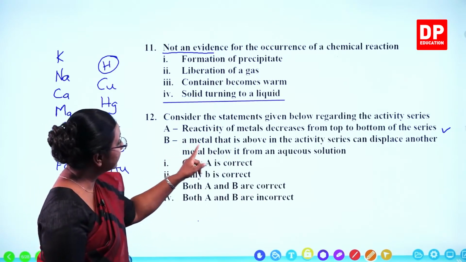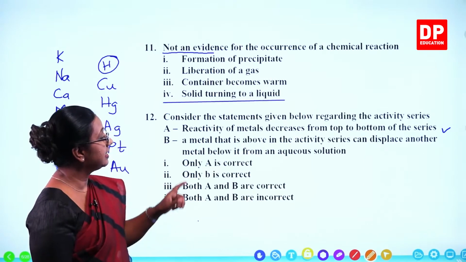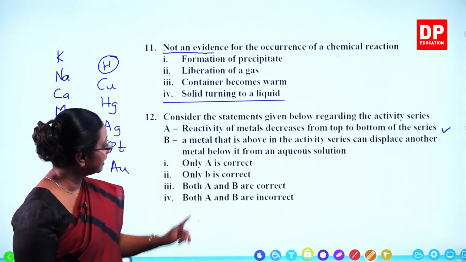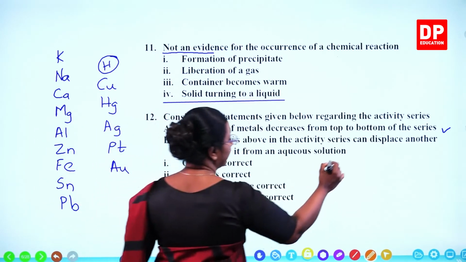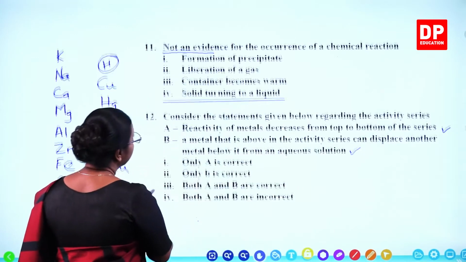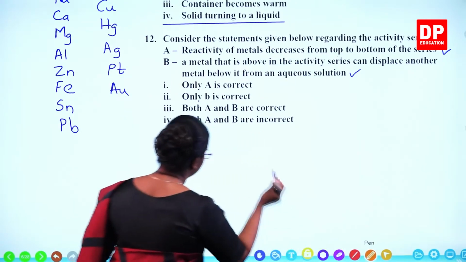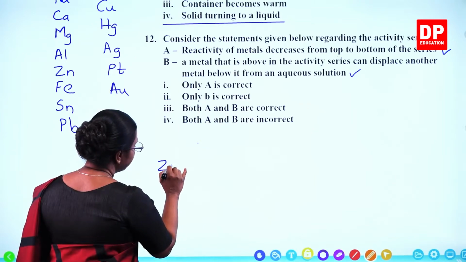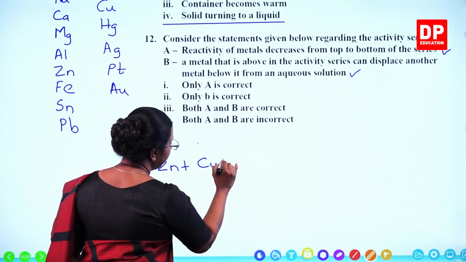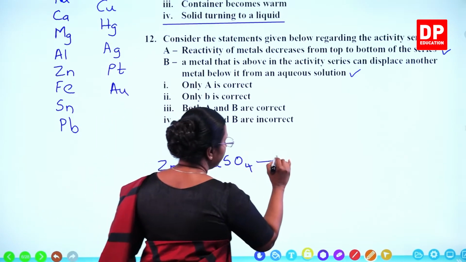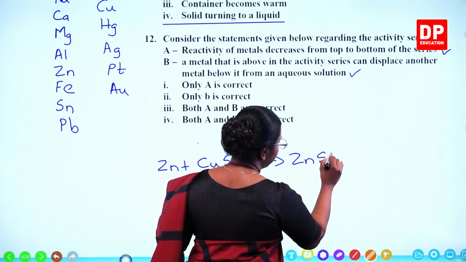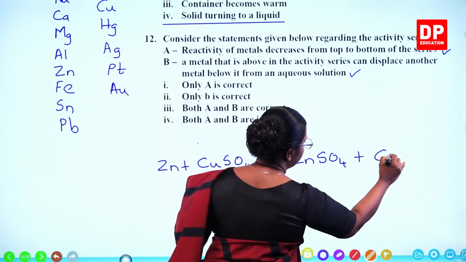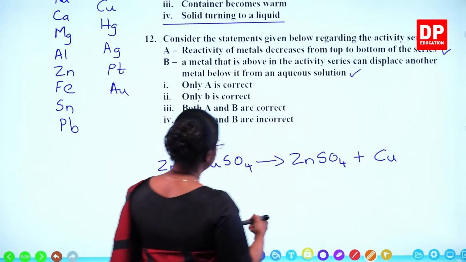So a metal that is above in the activity series can displace another metal below it from an aqueous solution. That is also correct. If we write the reactions, you can remember, students, zinc plus copper sulphate gives rise to zinc sulphate and copper. Here copper is displaced.